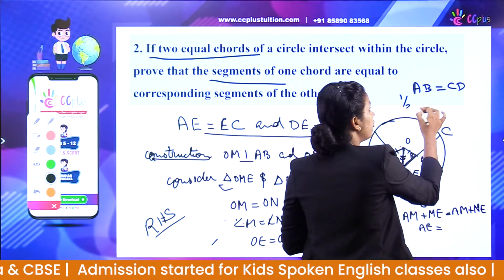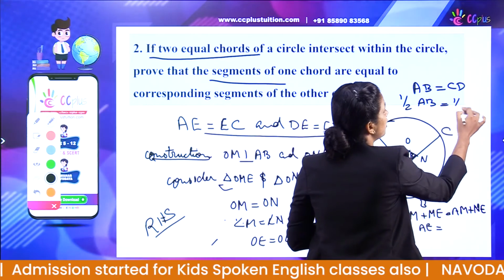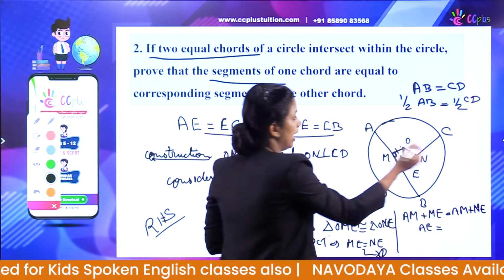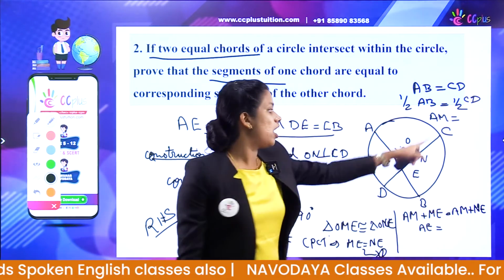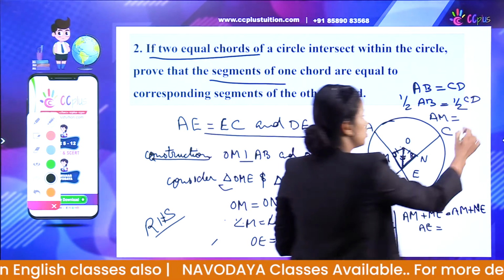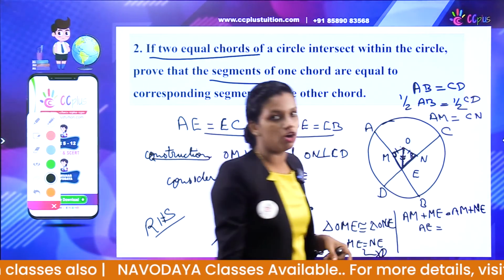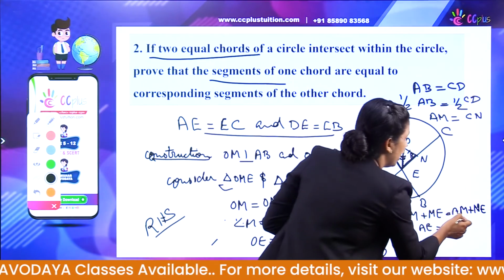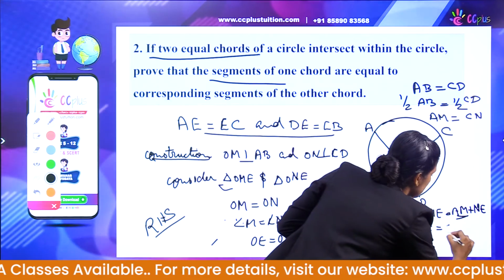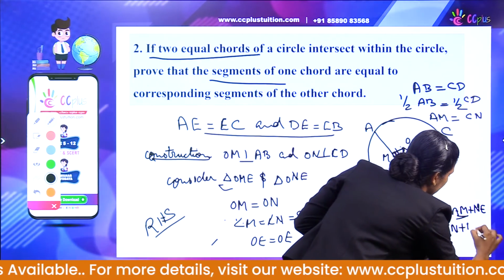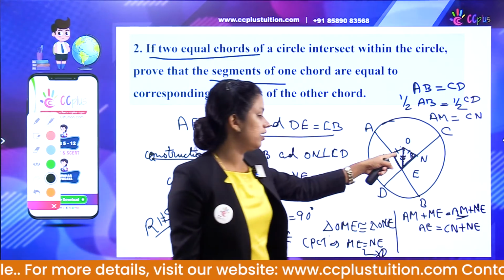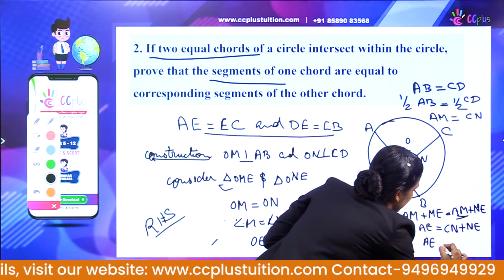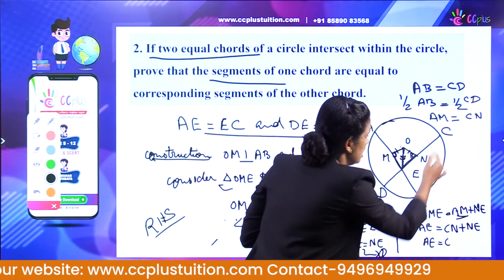Half of AB is AM, which is equal to half of CD, which is CN, by construction. So, instead of AM, if I write CN plus NE, looking at the picture, we get AE equal to CE.